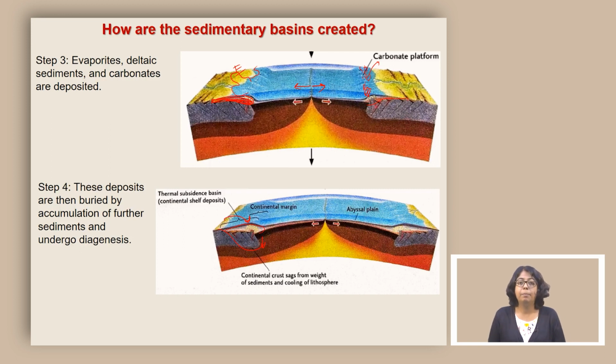Diagenesis is the process by which the sediments convert into rock, and this is how the sediments which are being produced by different agents and deposited in places which are lower in the ocean floor will finally convert to sedimentary rocks through diagenesis and compaction.